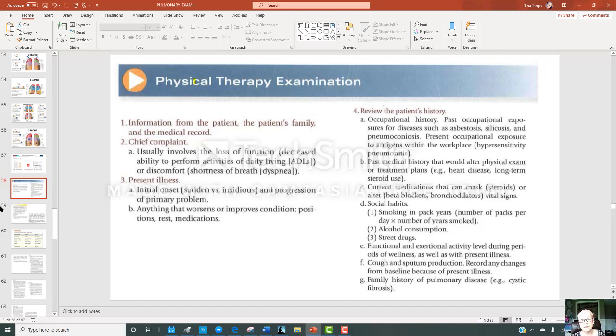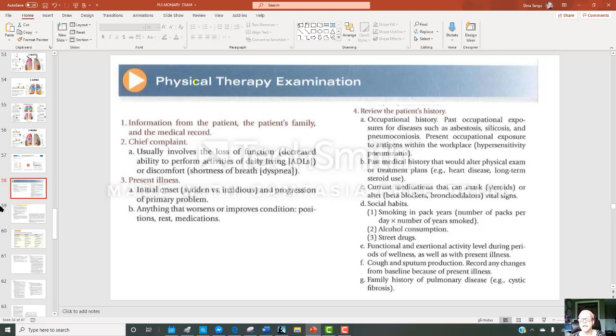Current medications that can mask, such as steroids, or alter, such as beta blockers or bronchodilators, vital signs.